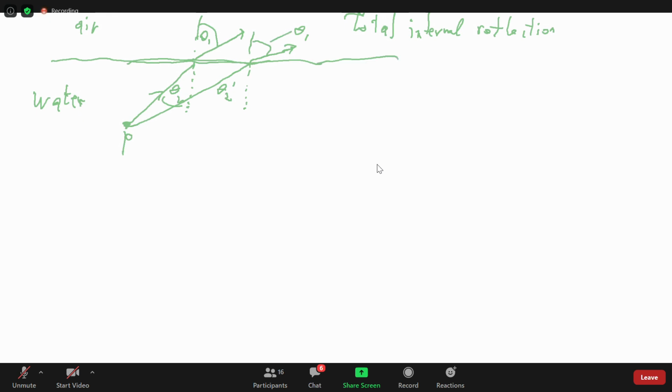Let's do one more. If you keep doing this, so this is theta 2 double prime. Eventually theta 1 double prime is going to be equal to 90 degrees. It keeps bending away from normal until it's actually right along the surface of the water, all right?